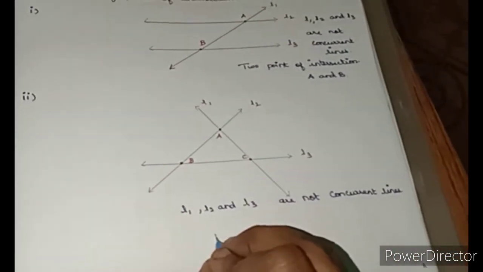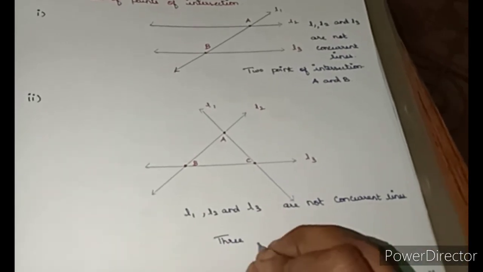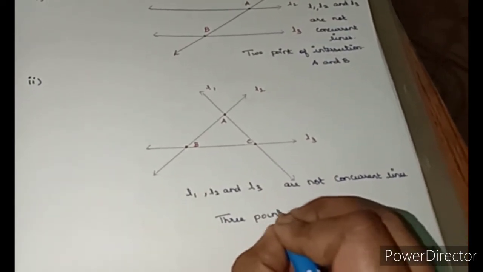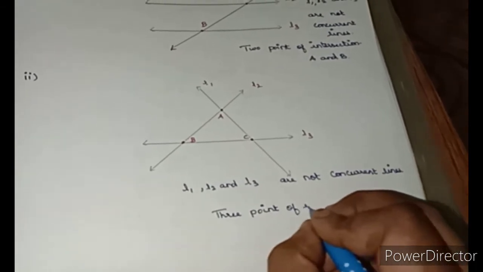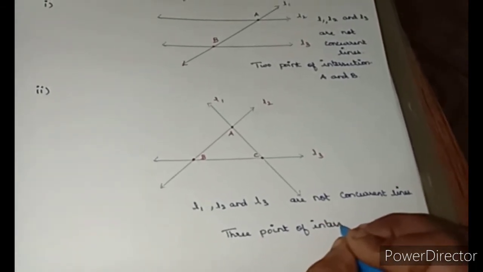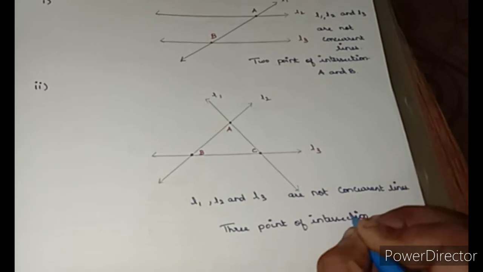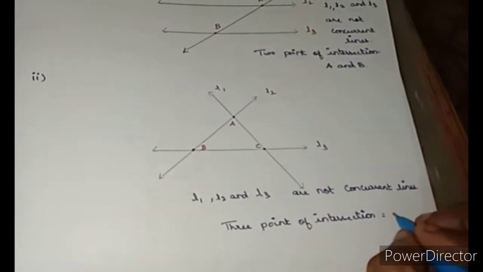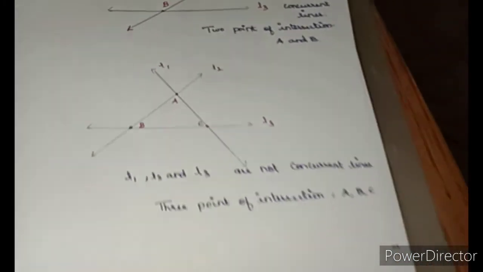So here we have 3 points of intersection, that is A, B and C.